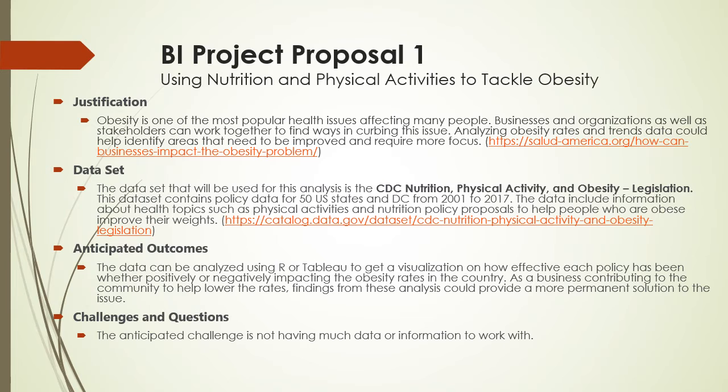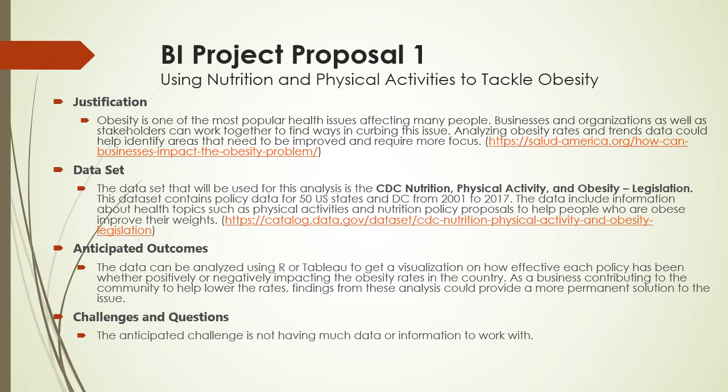The data include information about health topics such as physical activities and nutrition policy proposals to help people who are obese improve their weight. So there's a health column that has physical activity and nutrition, and then there's another column that has what policy was based on that health column and what was done.